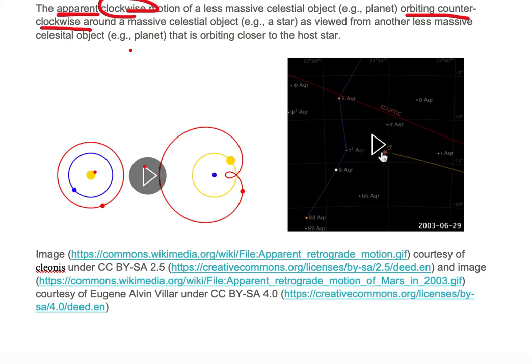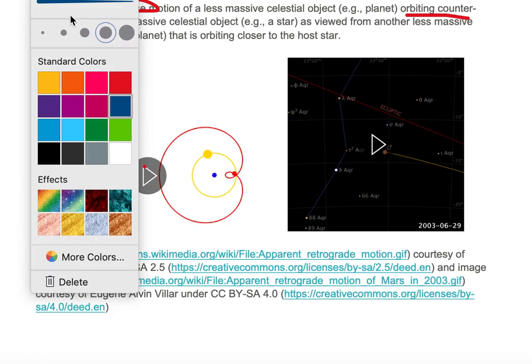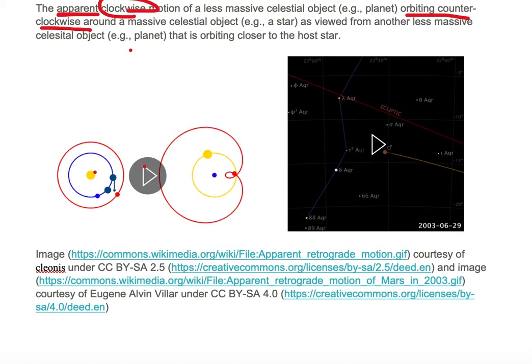So here we have Mars in its counterclockwise orbit, and as Earth approaches Mars in its counterclockwise orbit, we're going to see that Mars will not line up. If we continue on, we will see that Earth will start to go forward in the orbit, and it travels faster. And so when we're looking at Mars, it'll look like Mars is going backwards relative to our faster motion of the Earth going forwards in its orbit.